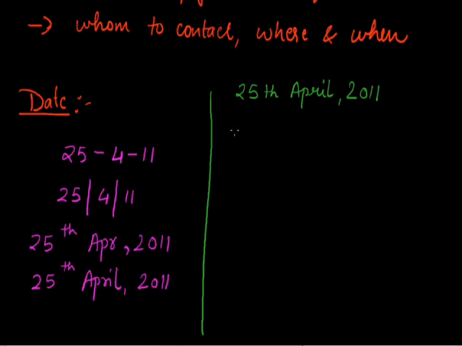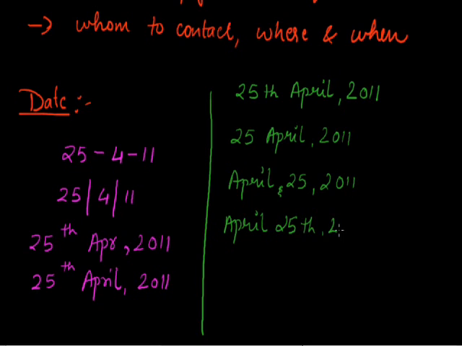Another way of writing date is where I can avoid the TH. Another way is where I write the month first and then I write the date, and then I write the year. There is another way: sometimes we also write X, which represents that we are not specifying which year we are talking about.